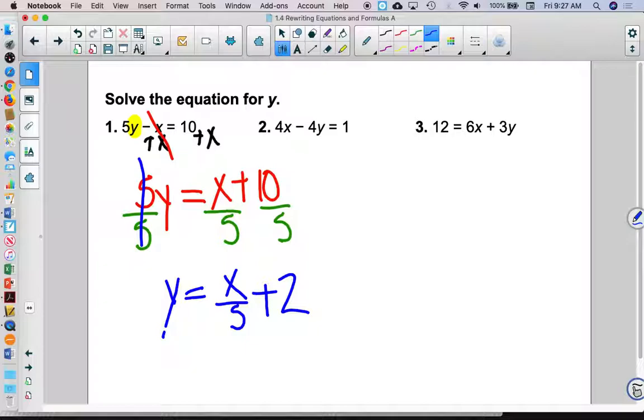Yeah. That's where you're going, so we've got to get this. Today, all you have to do is get that one variable that it asks for by itself. You do number 2 on your own, and then we're going to check it.